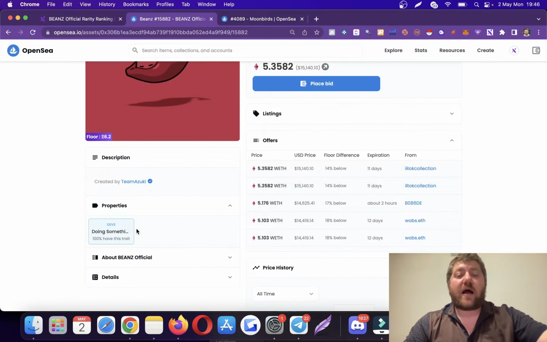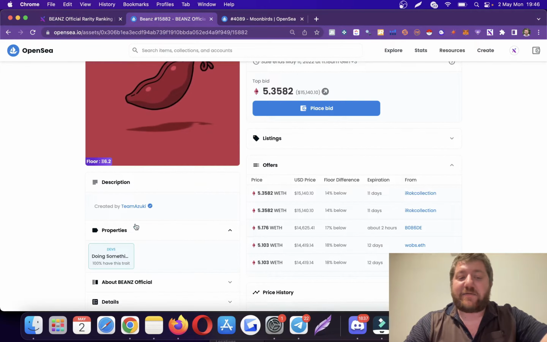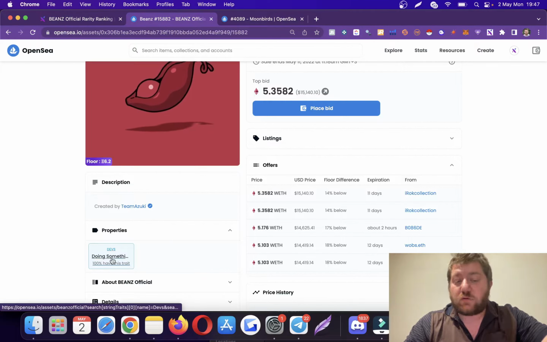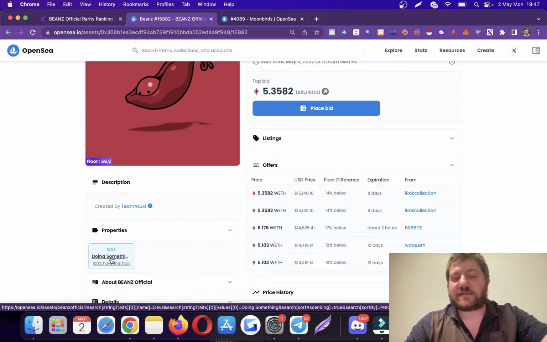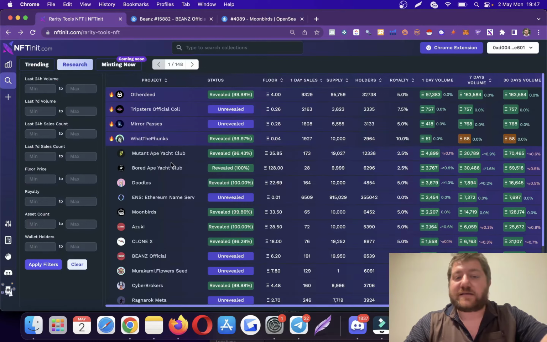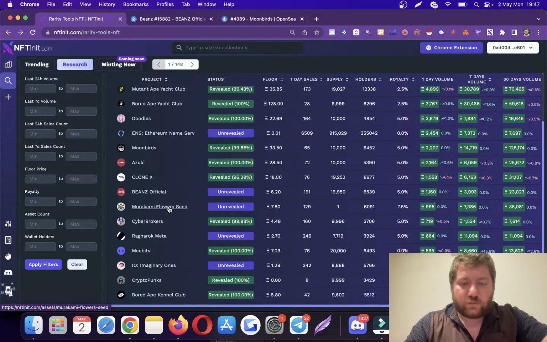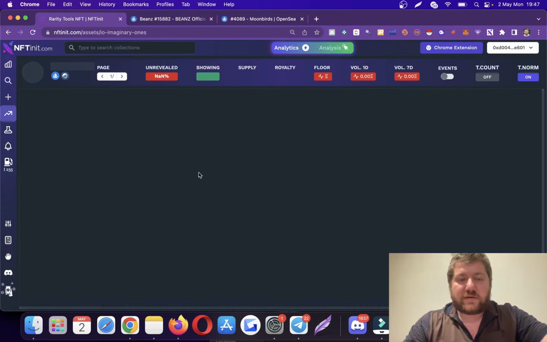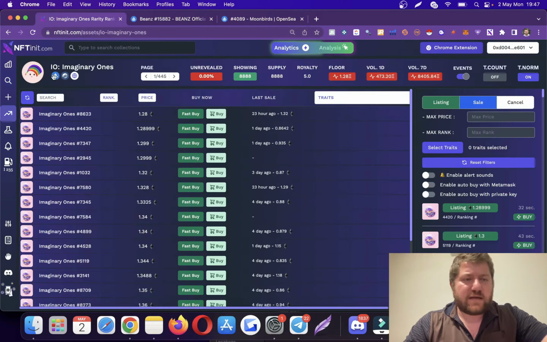So in an unrevealed collection, either there will be no properties here, or there will be a placeholder property. For instance, it says doing something. In another collection, it might be saying unrevealed. Let's check another one. Let's check unrevealed imaginary ones.